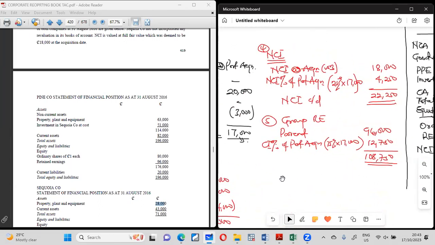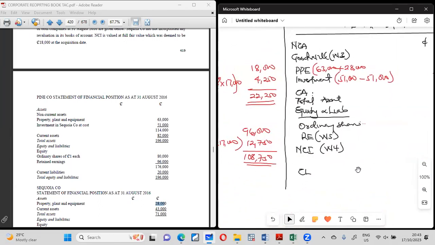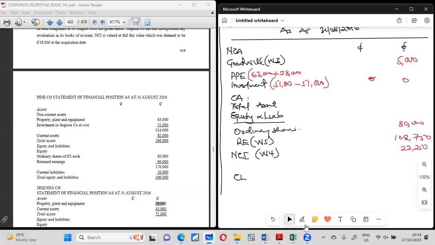Whatever it affects, if it affected inventory, you do it against inventory and so on. If it affected receivables, the same thing. So plus 23,000 minus 3,000. So that is that. How much will you get?